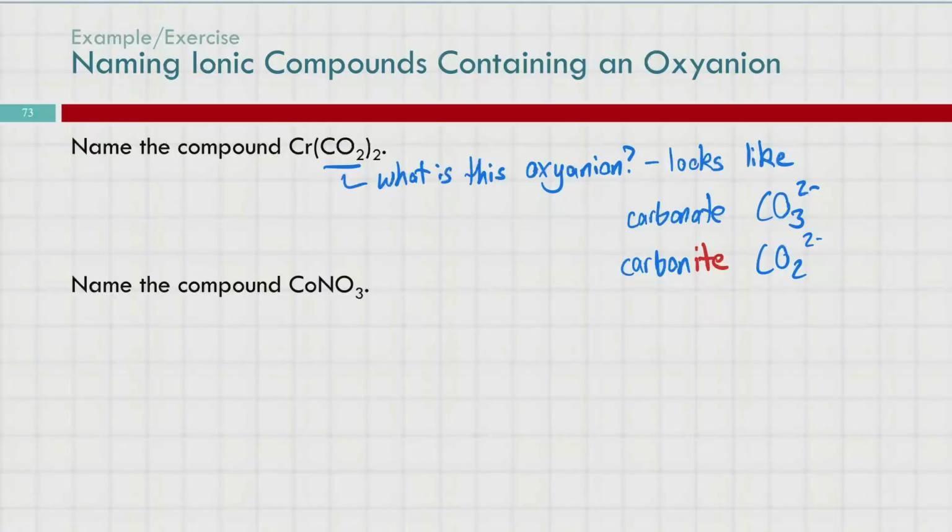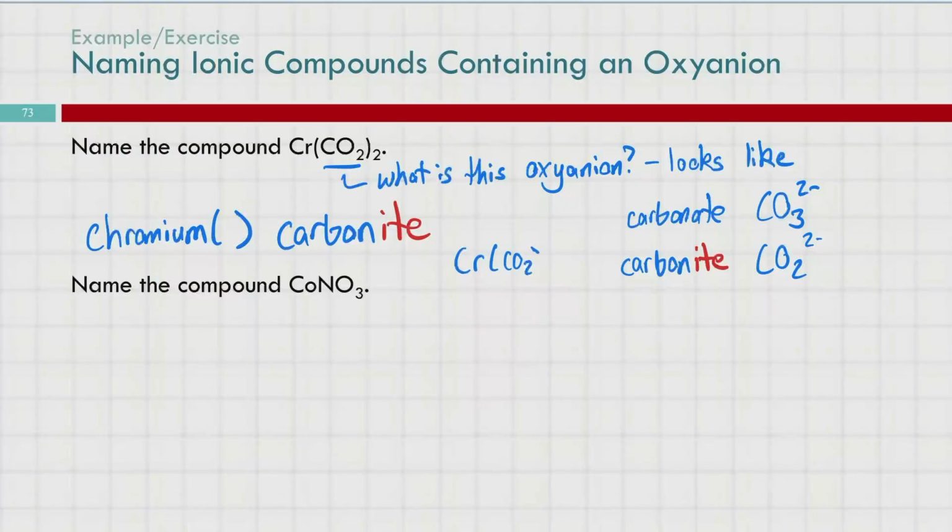So great, we've got the ending, carbonite, and we know that the Cr is chromium, so we could write that in as well. But we do not know the charge of the chromium, so we'll leave some space for that. So looking at our formula, we've got Cr, CO2, 2. The chromium is the positively charged part. The carbonite is the negatively charged part. This has a 2 negative charge, and we've got 2 of them.